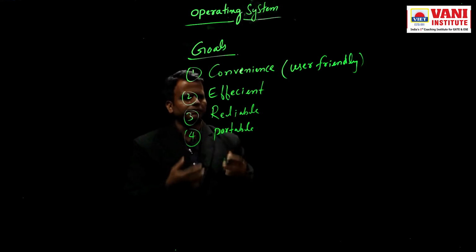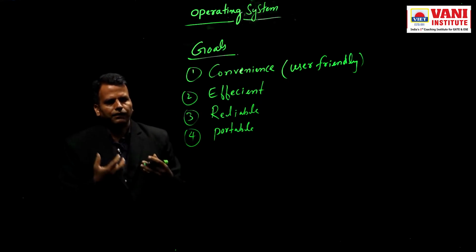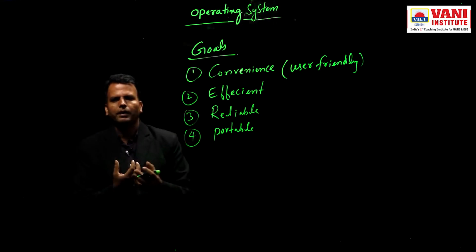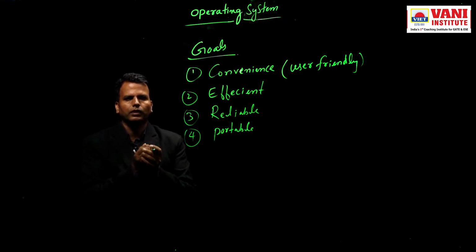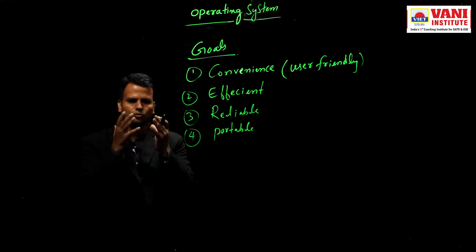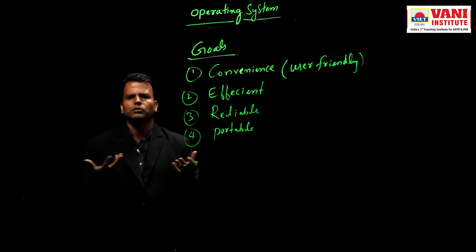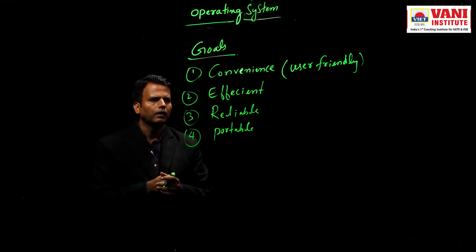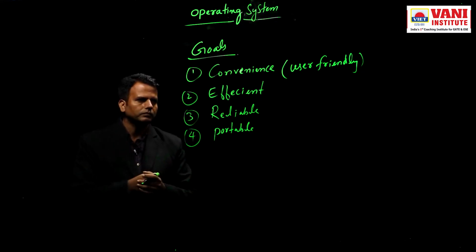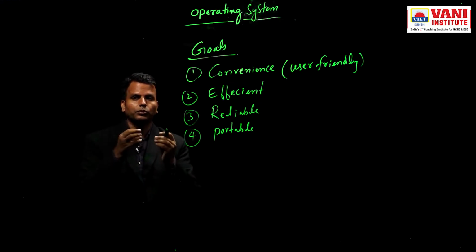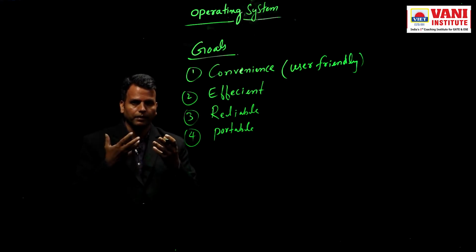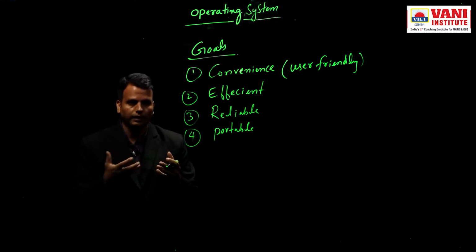So let's see efficient. Efficient means whatever operating system you are designing, it should effectively utilize the resources. What kind of resources? Whatever resources are inside the system, like the CPU. You need to make sure that the CPU should not remain idle for a longer period of time. Am I correct or not?